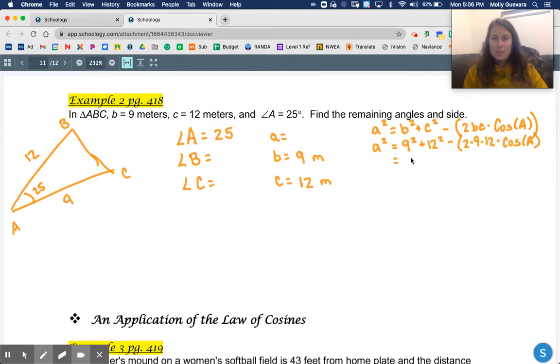And then we just solve it, right? This is 81. This is 144 minus 2 times 9 times 12 is 216 times cosine of A, which is 25. I can enter this into my calculator.